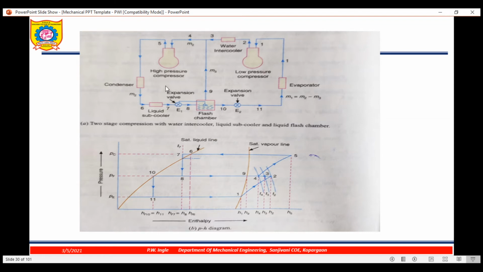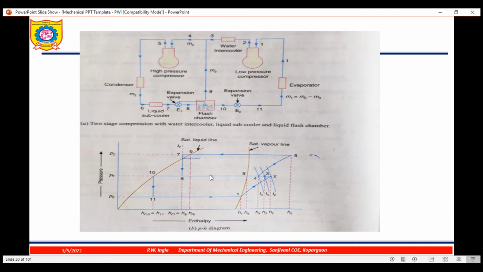This process is with respect to the flash chamber. Again there is cooling of refrigerant. This is a wet condition. At state 8 you are getting a wet condition. It will be cooled to state 10. Now here you see the 8 to 9 process. To convert the refrigerant which was in wet condition, by using the flash chamber, vapors will be removed.